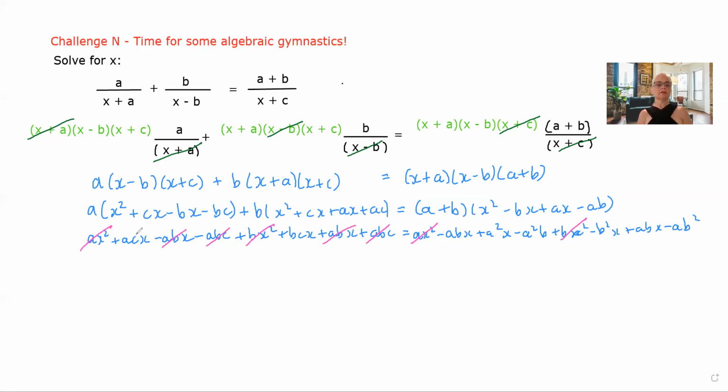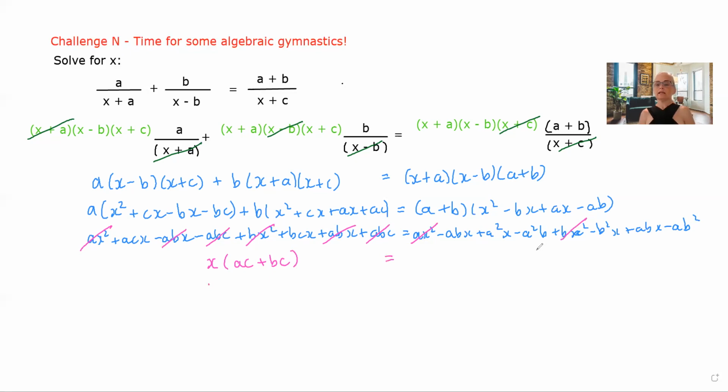So on our left-hand side, we've just got an acx plus a bcx. All right, so let's maybe tidy that up a little bit. So x outside of ac plus bc, we'll leave it as it is for now, that's fine.